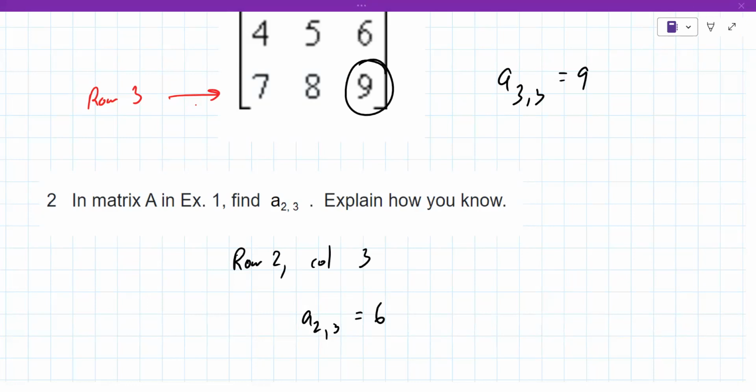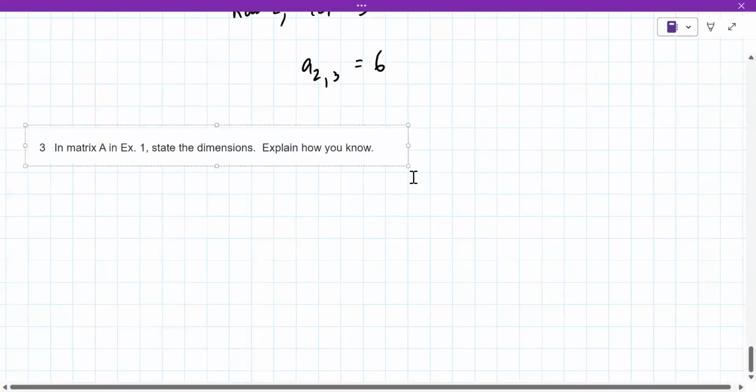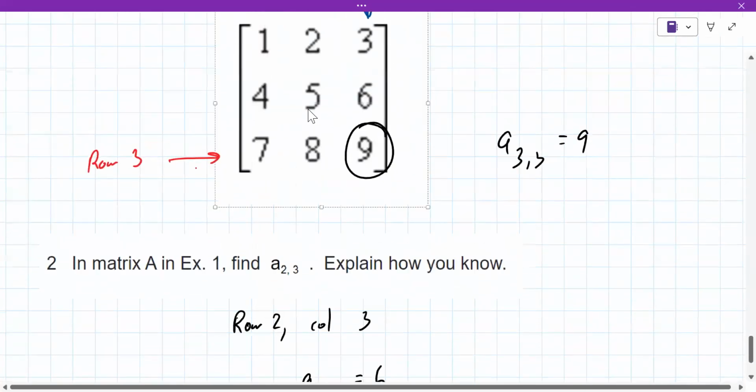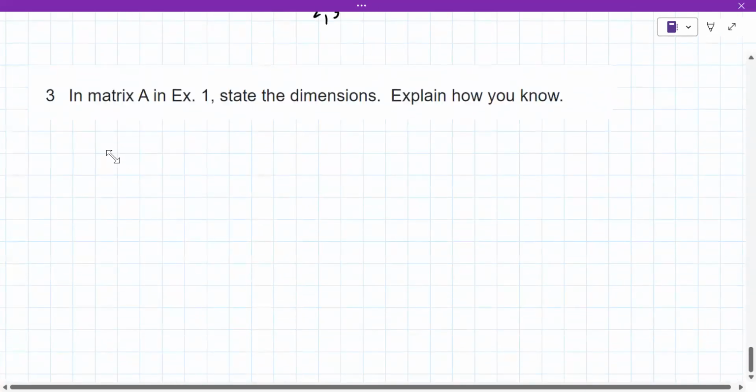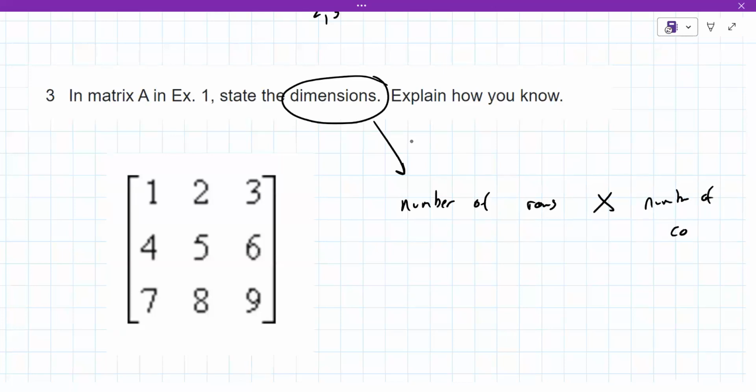Okay. All right, here we go. On number 3. It says in matrix A, state the dimensions. So I'm going to grab matrix A one more time. The dimensions refers to the number of rows, and then you put this X. It's not a multiplication, it's just a symbol. And then it's the number of columns. So it would look like this.